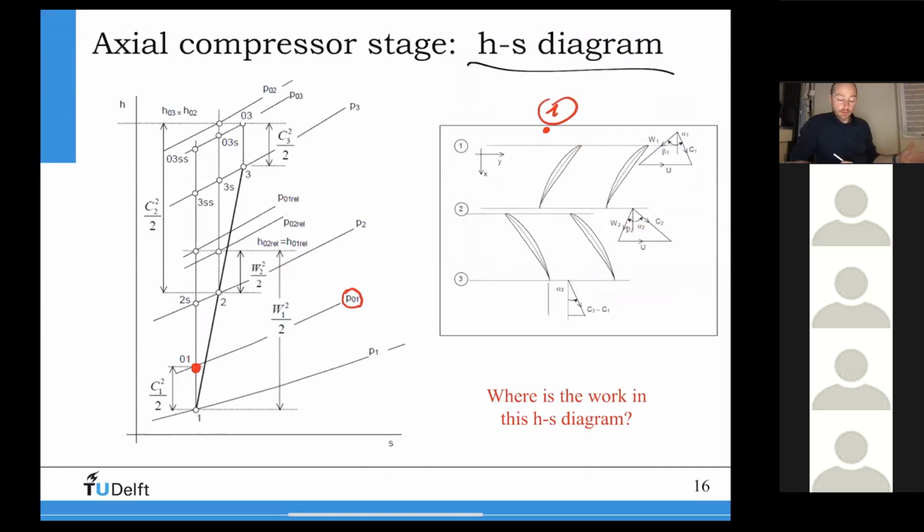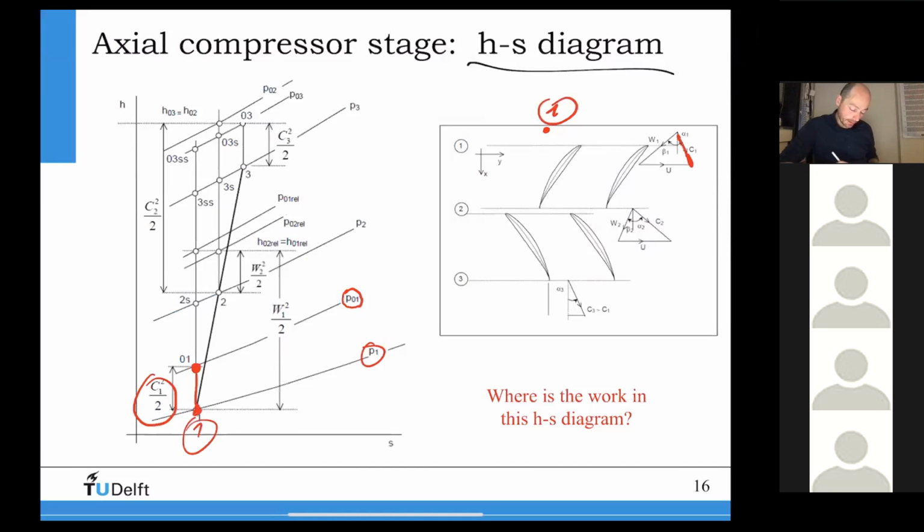We have a low total pressure, let's say ambient conditions, total pressure of 1 bar and total temperature of 20 degrees Celsius or something. If the flow speed is very small, then of course you have a C1, which is this one here. And then we derive static pressure here, which means this is 0.1.